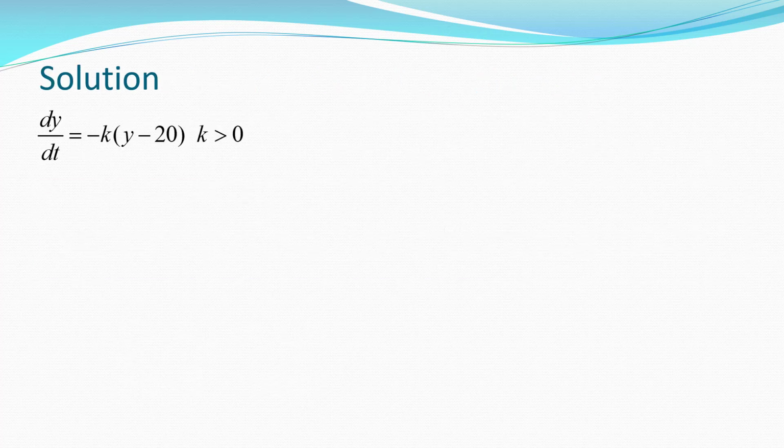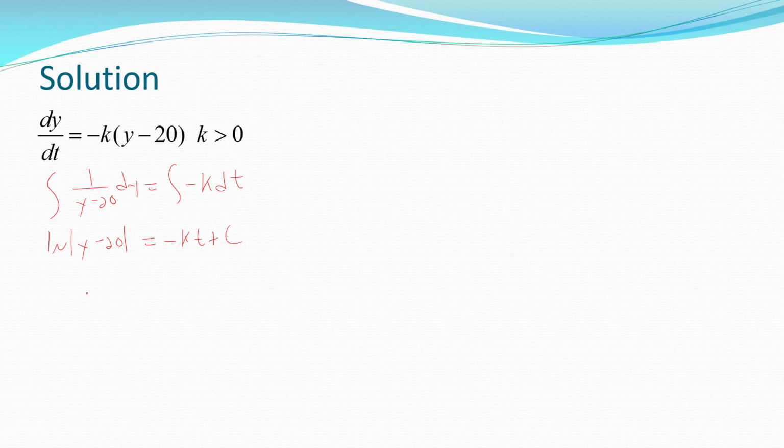So let's go ahead and solve that differential equation. I'll do that by separation. I can write this then as the integration of 1 over y minus 20 dy will then equal to the integration of negative k dt. So the left-hand side is the natural log absolute value of y minus 20. That would then equal to negative kt plus c.